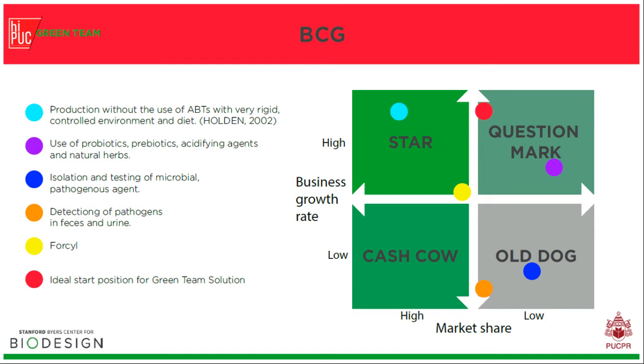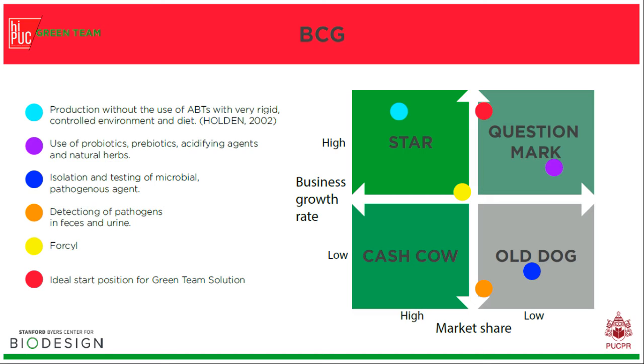Okay, so here we have a BCG analysis that we did with all of the existing solutions. As you can see, on the x-axis we have market share, so the further right you go, the more in the market a solution is, and on the y-axis we have business growth rate, so the further up you go, the more opportunity your solution or your company has to rise.